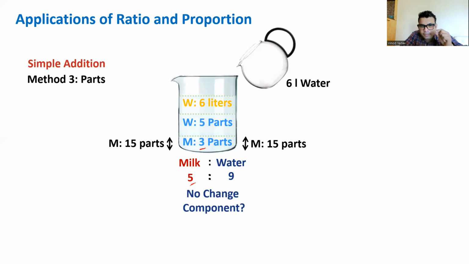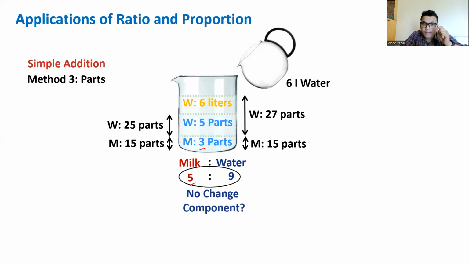So let's make both of them 15. If 3 becomes 15, 5 will become 25, into 5 into 5. And now the milk 5 becomes 15, so into 3, so this will become 9 into 3, 27. Can you now easily compare, since the base is same, milk is same in both? So water was earlier actually 25 parts, now it became 27 parts.